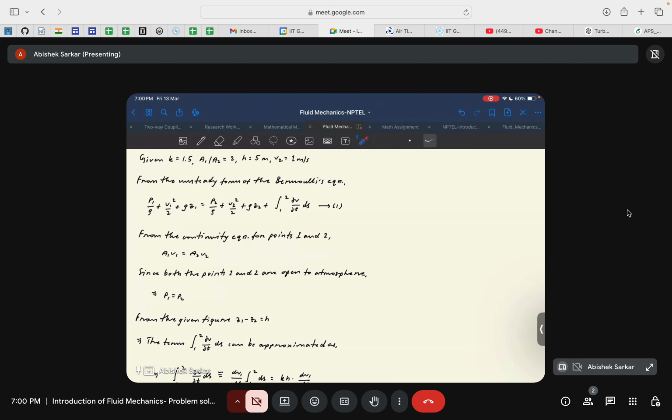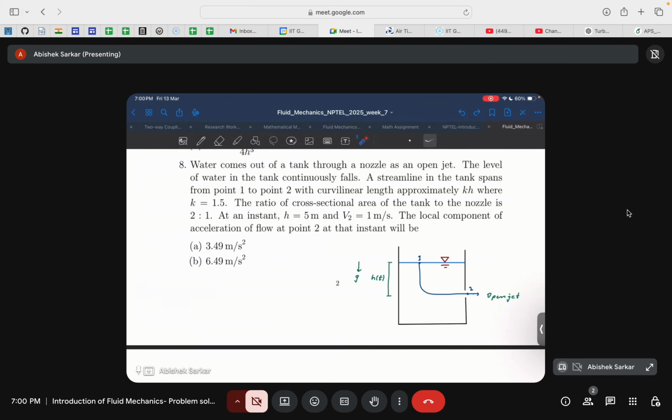So let us get back to the question and see how we can simplify it. They say that a streamline in the tank spans from point 1 to point 2 with a curvature length of approximately kh, where k is equal to 1.5.